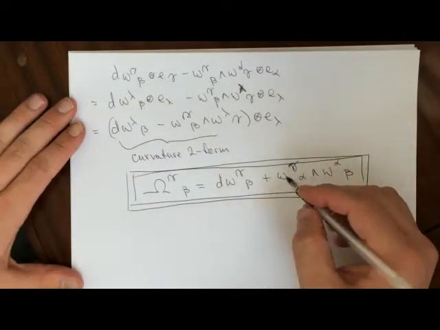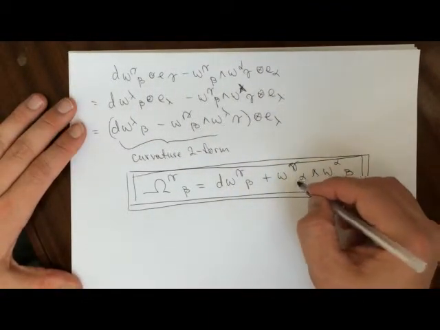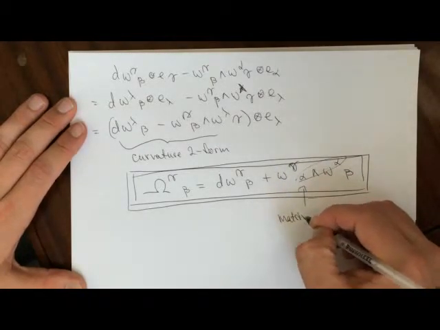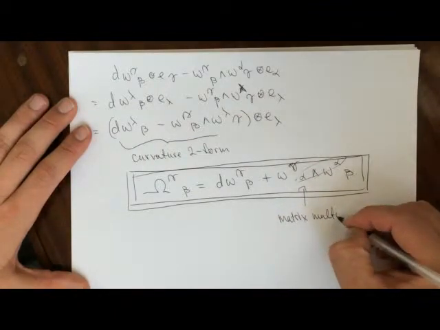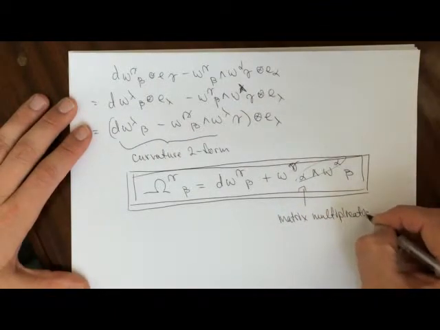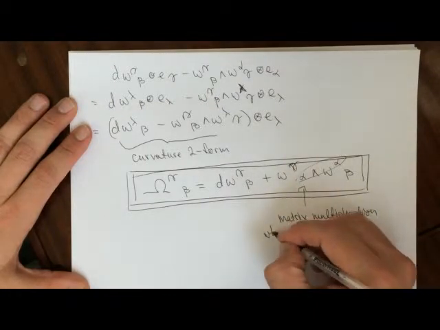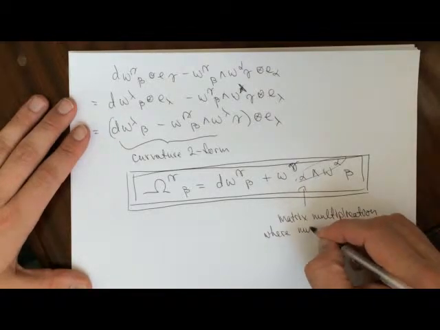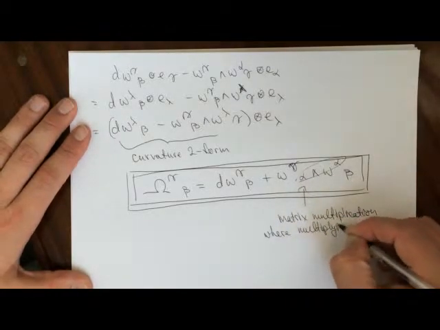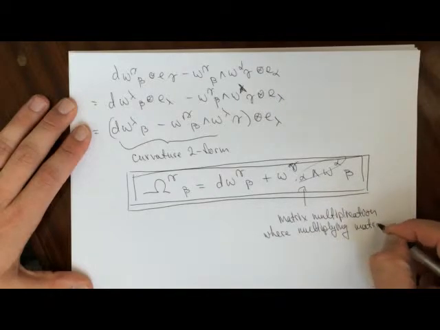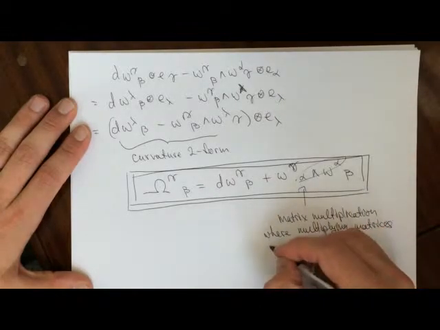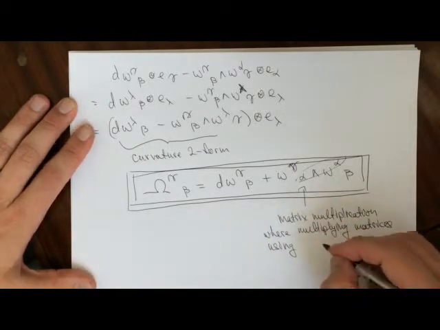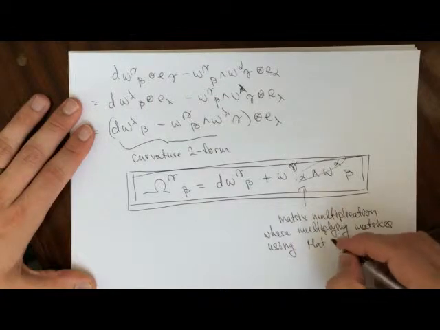Let me say something else: with these two together, this looks like a matrix multiplication, where we're multiplying matrices using the algebra structure for this ring.